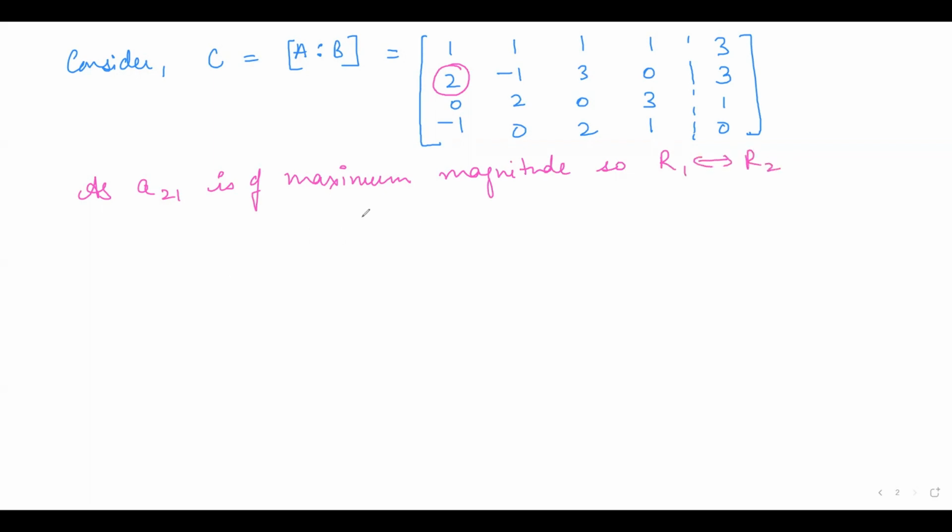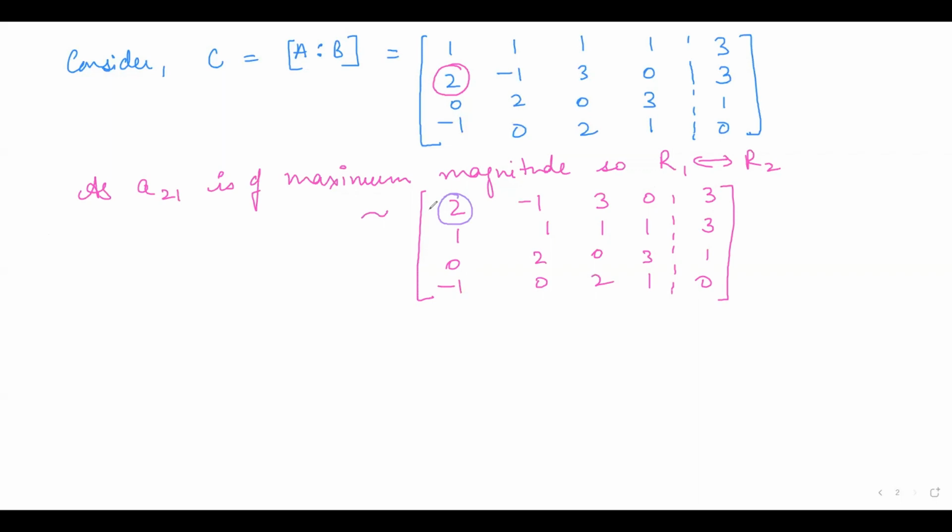After interchanging the rows, I am getting 2, minus 1, 3, 0 and the next row 1, 1, 1, 1, 3. The rest of the rows are the same, so I'll just quickly write it. Now, what is my pivot? This has become my pivot, so there is no change.